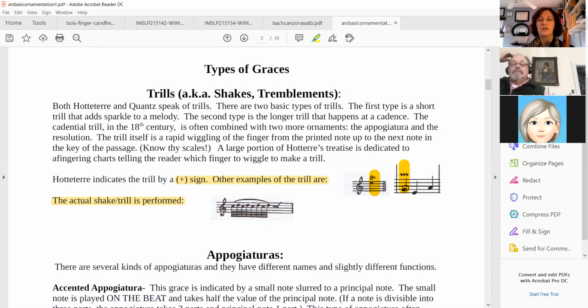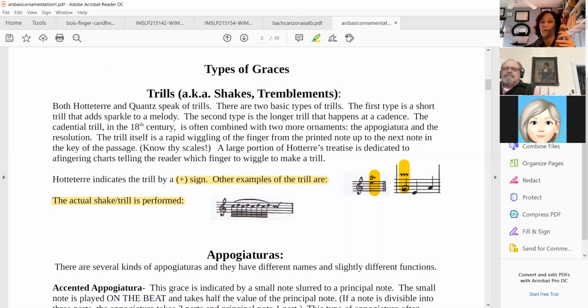Another question: sometimes you see trill finger charts. Is that just to make it easier, or is there another reason to have a separate chart? The trill finger chart is to show you which finger you're supposed to wiggle so that you can get to the next note in the scale. Isn't that obvious? Not all the time.